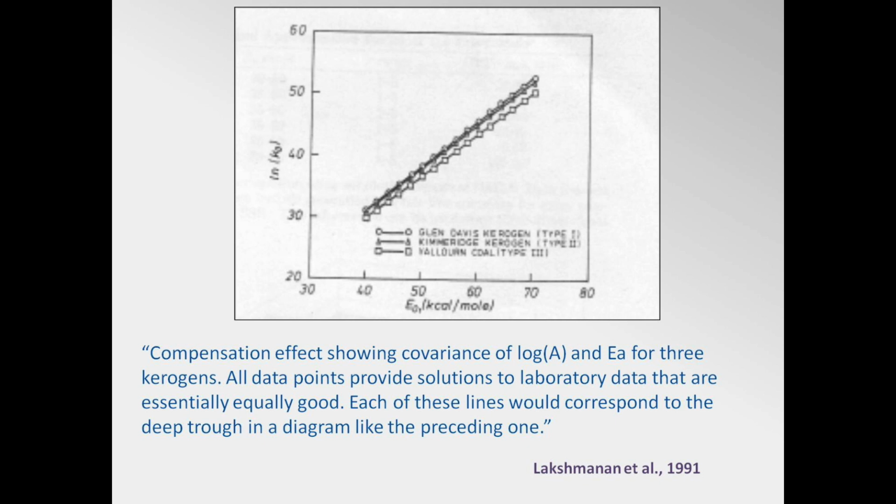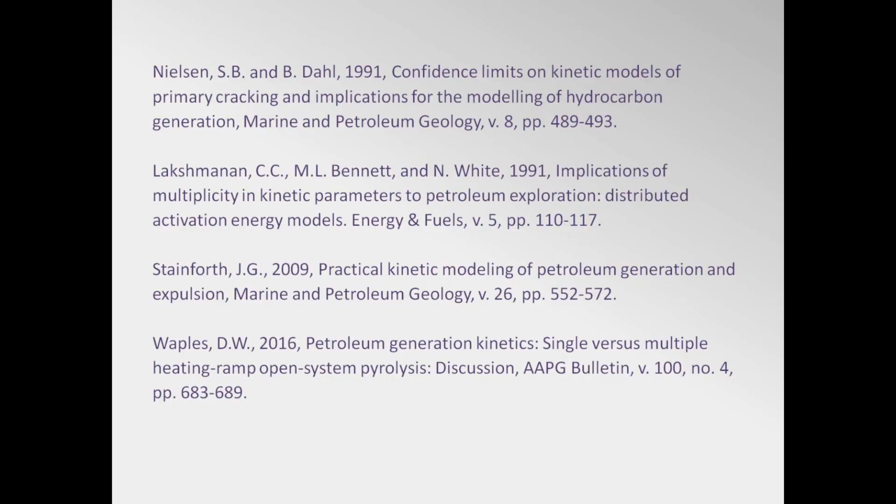Consequently, the choice between any points along any compensation line is effectively arbitrary. If you are interested, these are references relevant to the question of reliability of A and E data obtained from multi-run kinetics if A is allowed to vary freely.